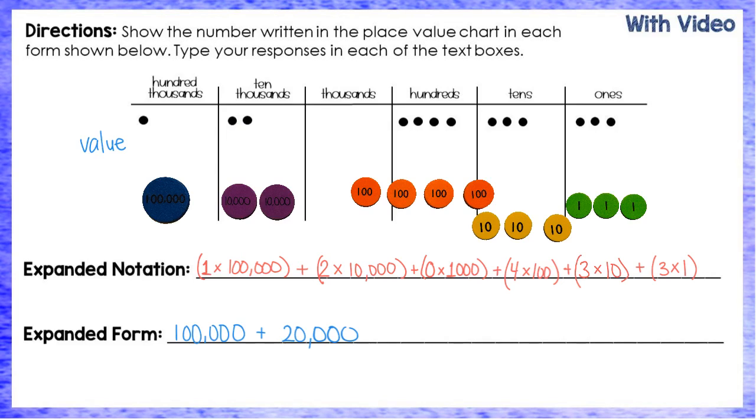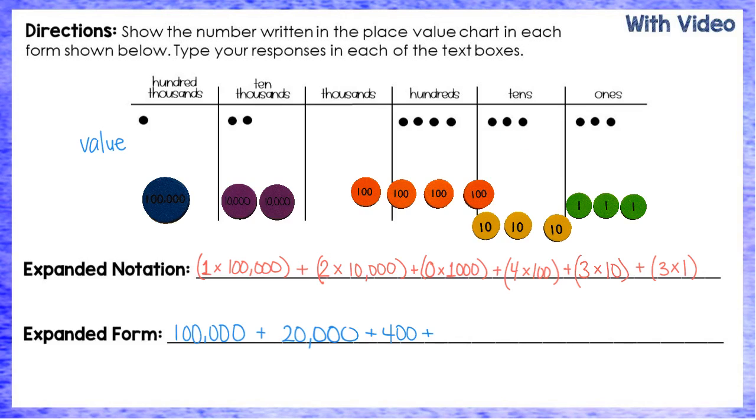In the thousands place, we have nothing, so I can either write +0 or I can skip it. I'm going to skip it. In the hundreds place, the value is, how much total do we have here? 100, 200, 300, 400.